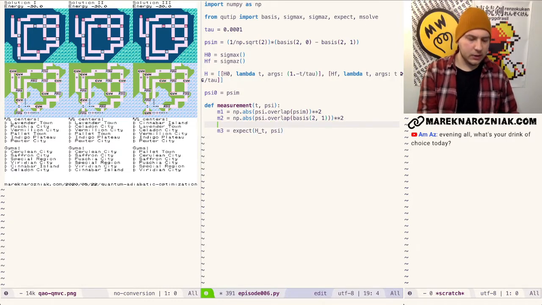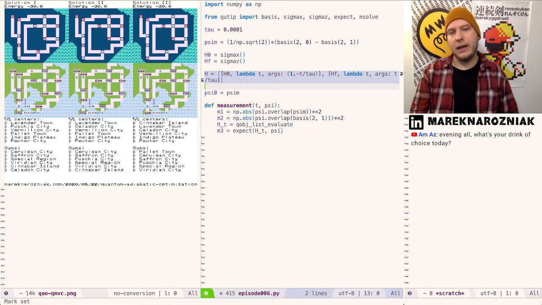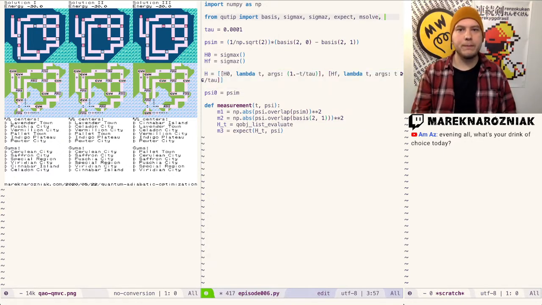And for this, there is a special function in QuTiP, which I'm going to paste because I just can't remember this name. QObjEvo list evaluate. So what it actually does is it turns this, which is general for any time step, into an H which is evaluated at a particular time step. Let's not forget to import it from QuTiP.